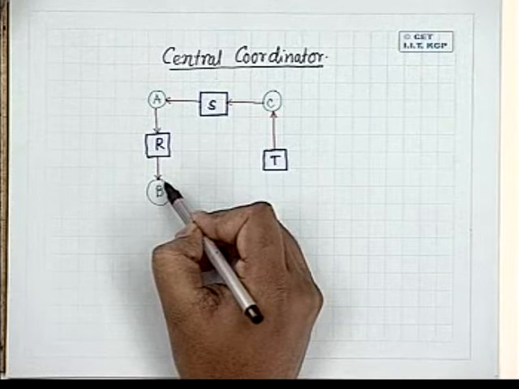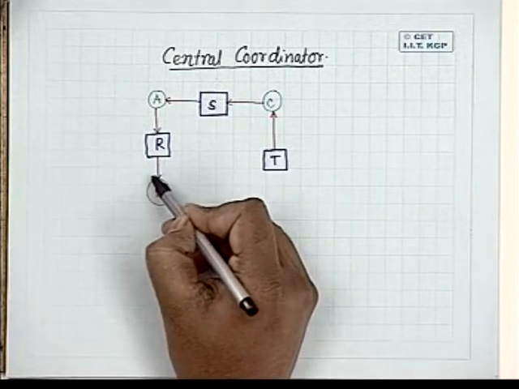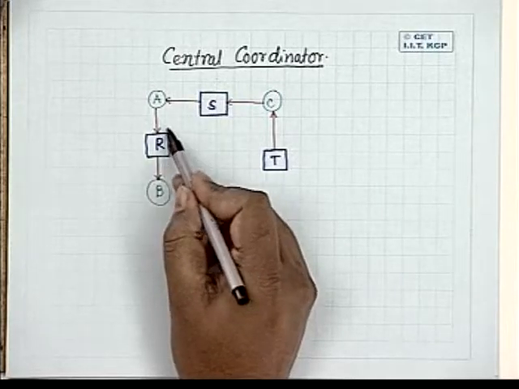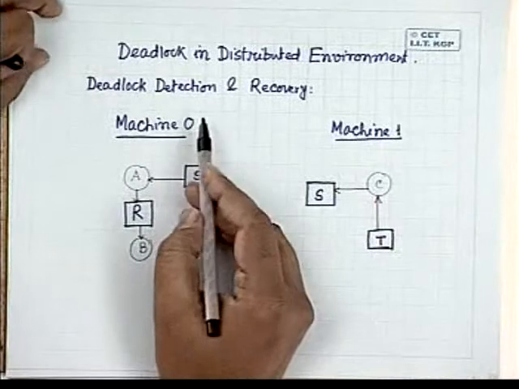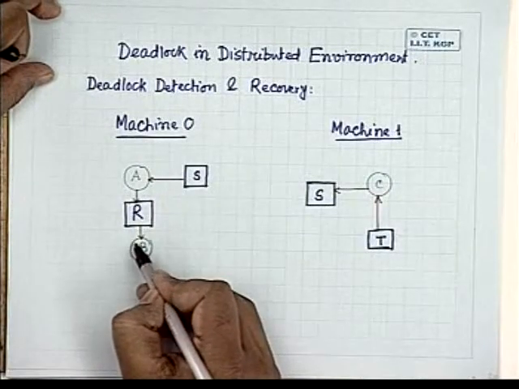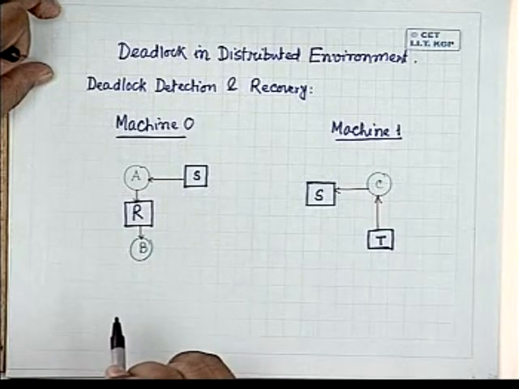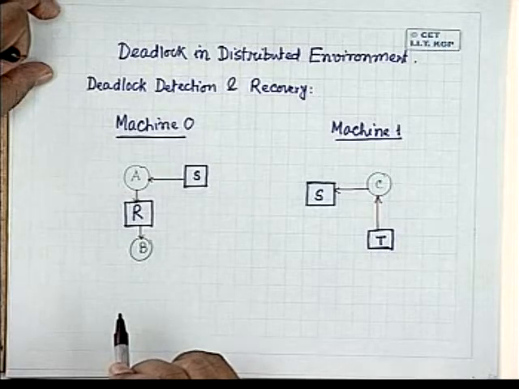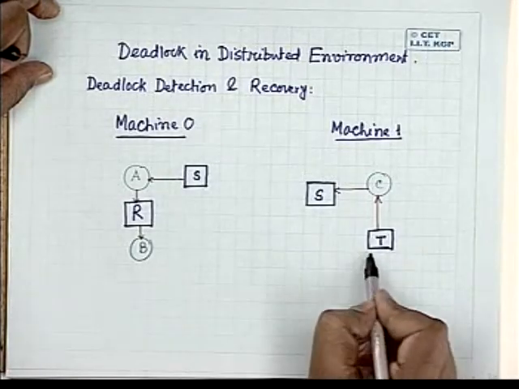Now when B releases resource R, that means this edge has to be deleted. So machine 0, because this is a local resource graph of machine 0, sends information to the central coordinator that the edge from resource R to B is to be deleted. Okay. B, after deletion of this, puts a request for resource type T.